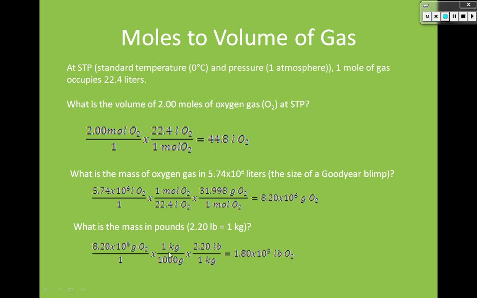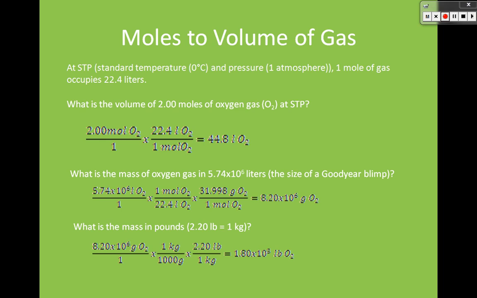So we say 1,000 grams is 1 kilogram. Then we want our kilograms to cancel. We say 1 kilogram is 2.20 pounds. And when we solve for that, we find it's 1.80 times 10 to the 5th, or approximately 18,000 pounds of oxygen gas, which again seems like a pretty massive amount.